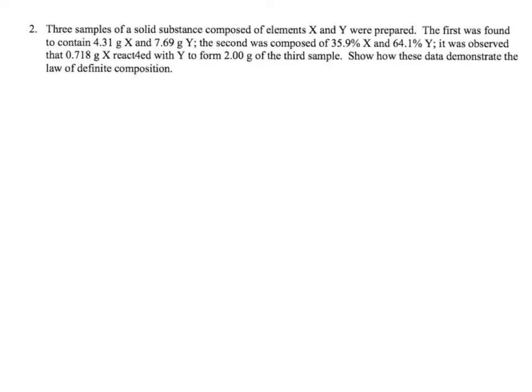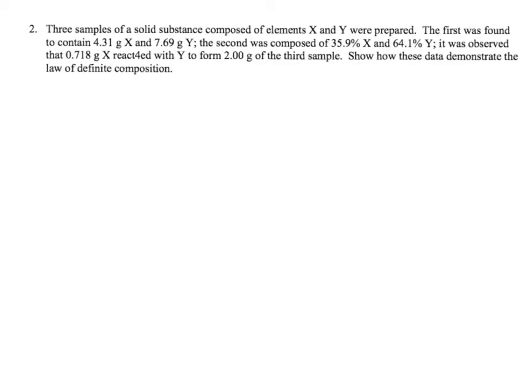They actually tell us that X reacted with Y to form 2 grams of the third sample. So we have to go back to the law of conservation of mass: if we put 0.718 grams of X in and we react with some grams of Y, we get 2 grams of product.